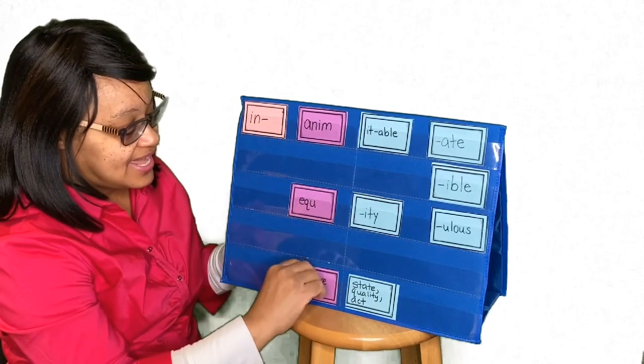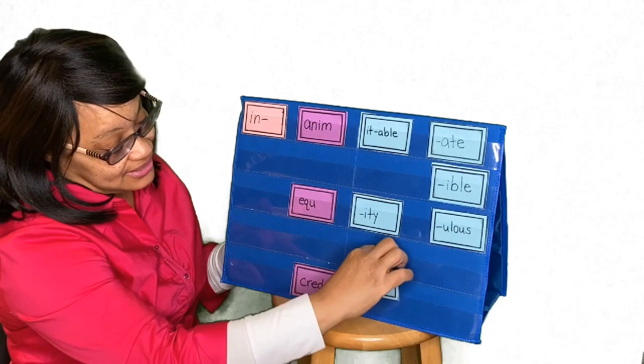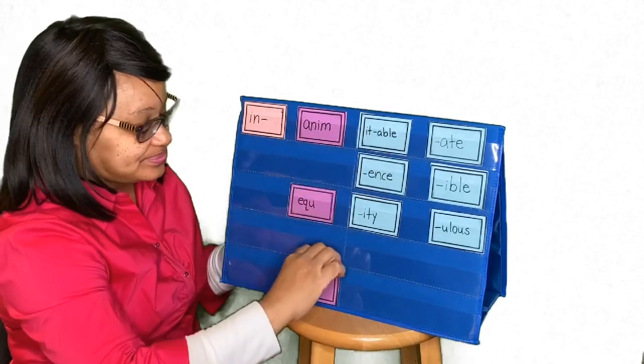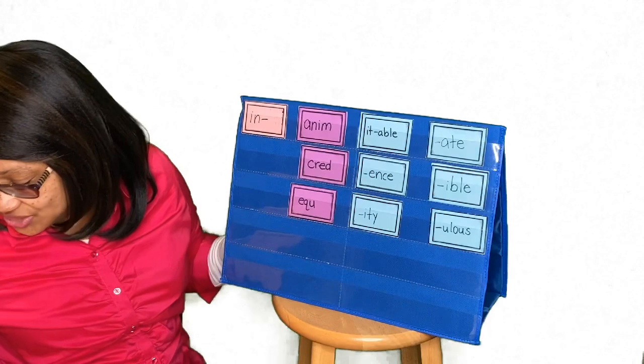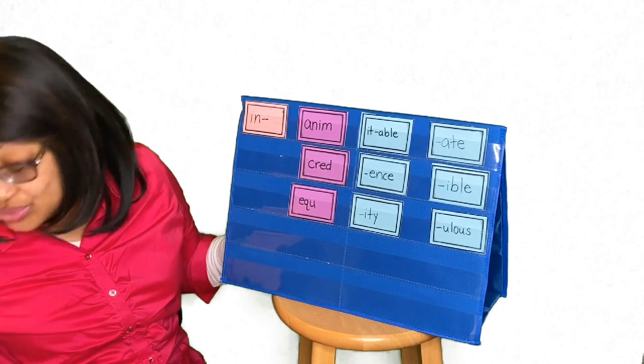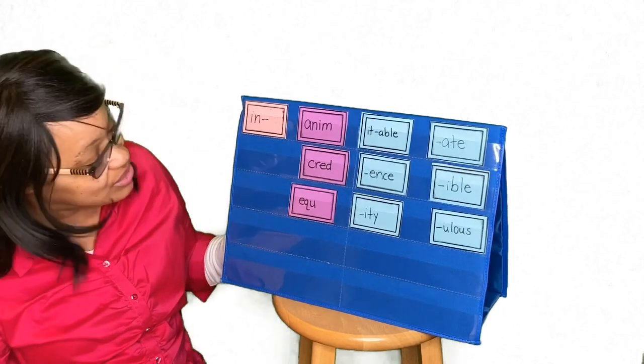So when something has credence, it is believable. And our dictionary definition says belief or acceptance as true or valid.